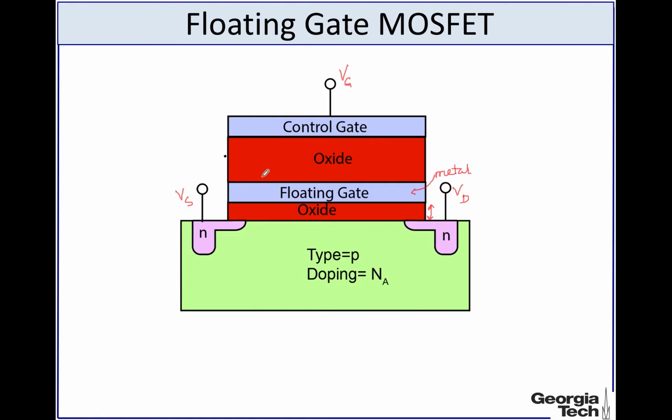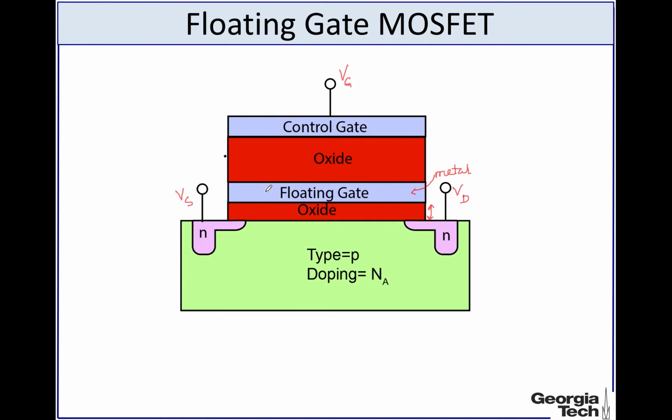The way the data is stored in this floating gate MOSFET is by putting electrons into this floating gate. So we usually say that if there are no electrons in the floating gate, then this floating gate MOSFET holds a data of 1.